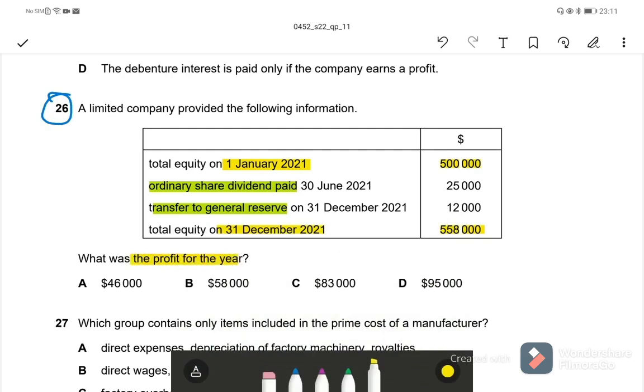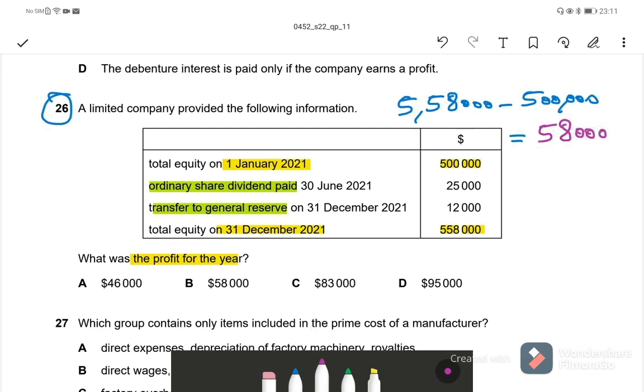Here, opening and closing equity balance is given. So the difference is what is added to the equity. So 558,000 minus 500,000 is equal to 58,000 added to the equity at the end of the year.